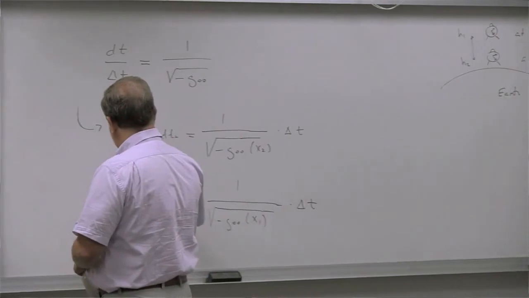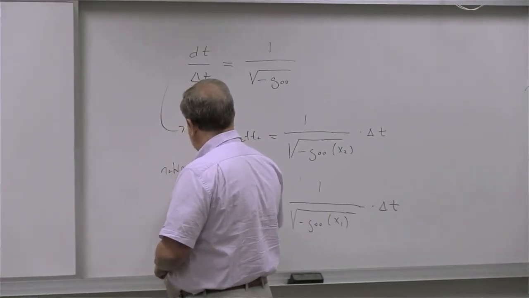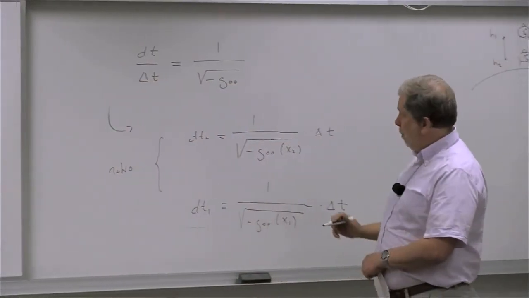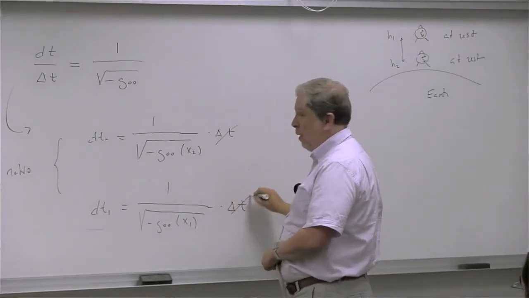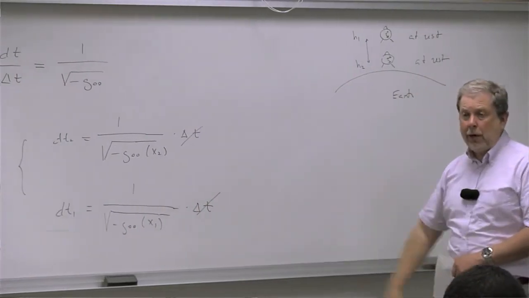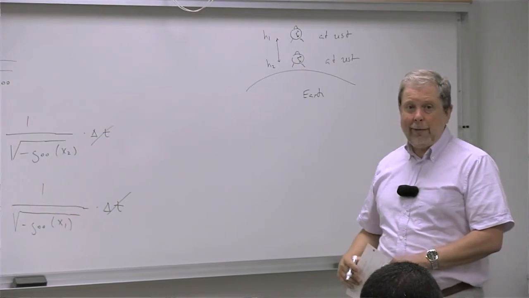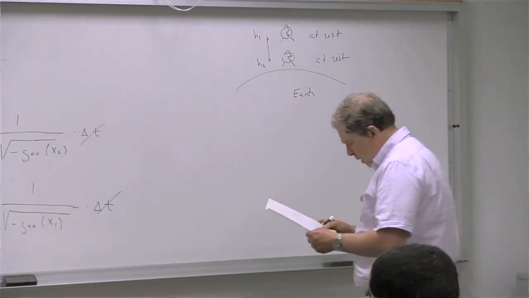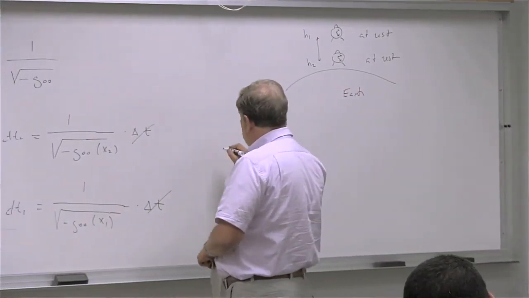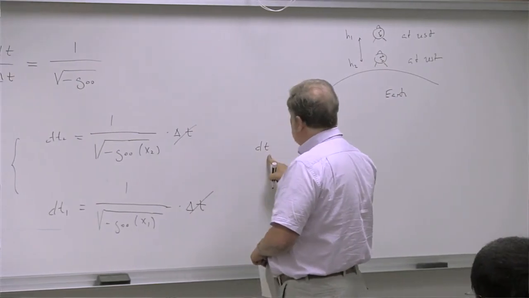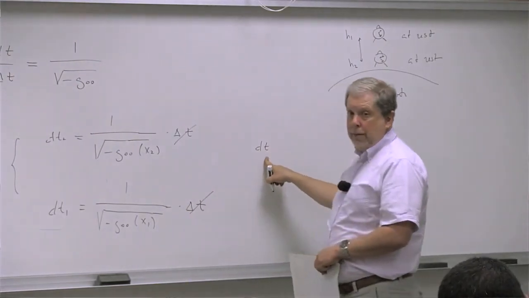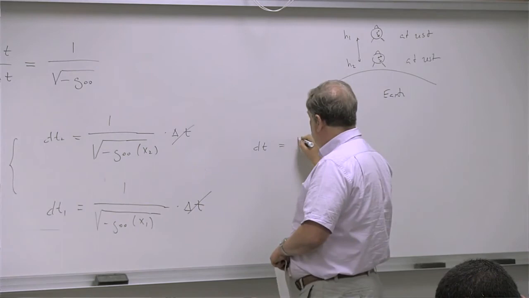We take the ratio, and that gets rid of this one. So whatever the period of the clock is in the absence of gravity, that goes away, right? And so now the time increment is essentially 1 over the frequency, right?